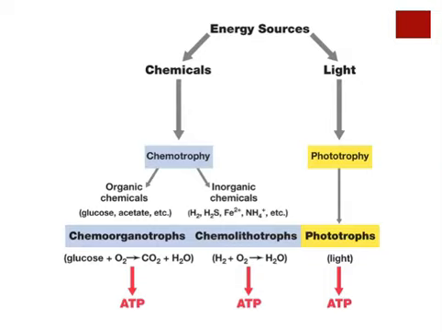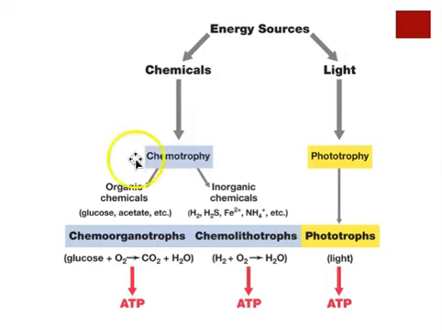If you are a microbial organism and you can gather energy from sunlight, that's a process that we call phototrophy. You then would be called a phototroph. In comparison, if you get energy by breaking apart chemicals, you are a chemotroph.